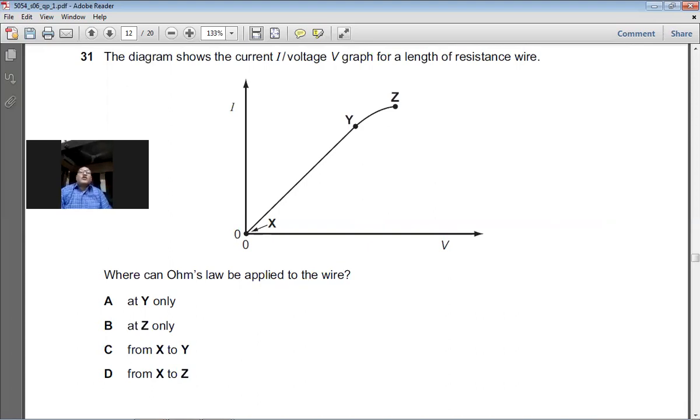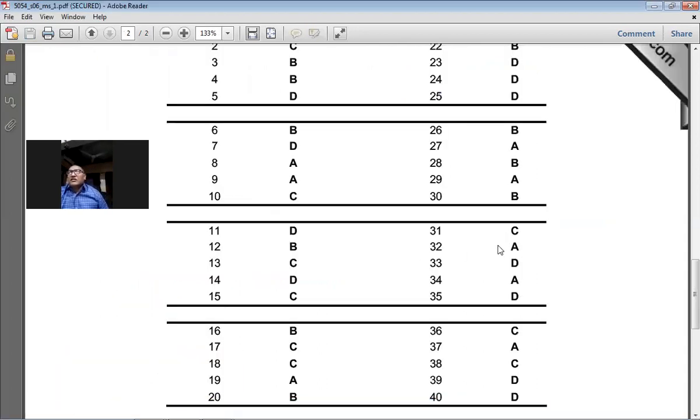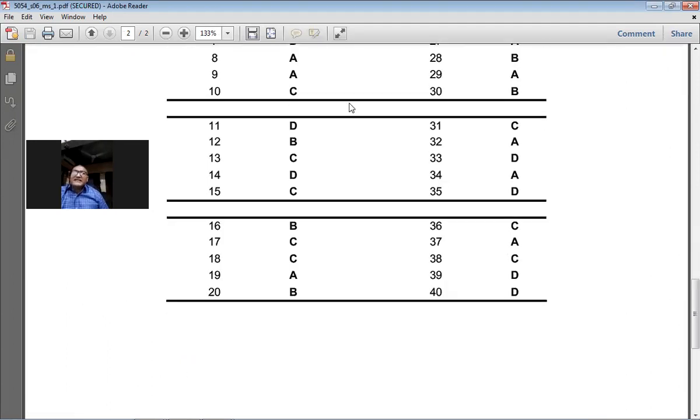So Ohm's law is obeyed from X to Y because the graph is a straight line between I and V. So at Y only, at Z only, or from X to Y? That is the answer. So I think C is the choice. Let's check. Question number 31, C is the right choice.